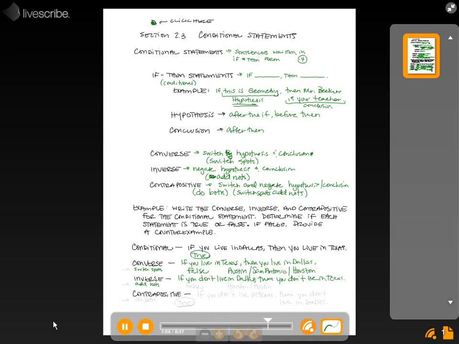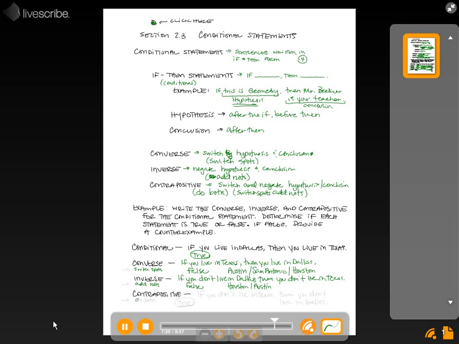Let's think if it's true or false. If I don't live in Dallas, okay, so if I live somewhere out of the city limits of Dallas, then I don't live in Texas. Well, that's false again, okay, because even if I don't live in Dallas, I could live in Houston, or I could live in Austin, and I could still live in Texas. Okay, and again, Houston and Austin, just give me one of them, but they show that that's a false statement.